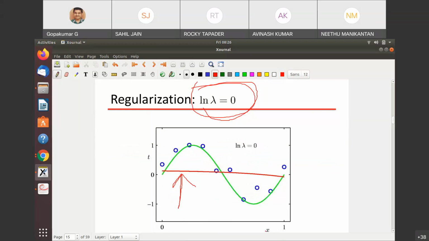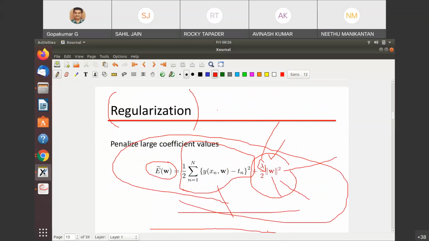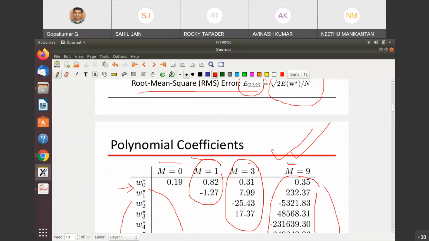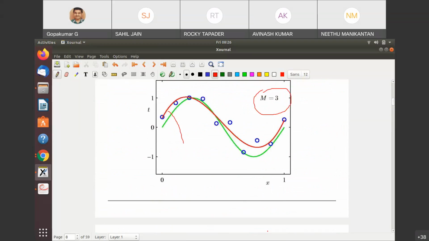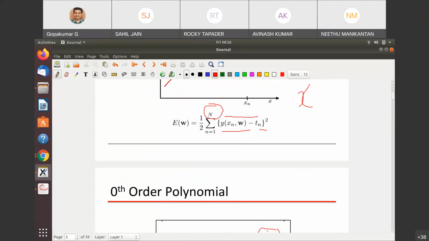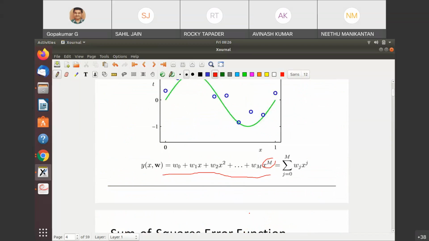One more point: in this particular polynomial that we have defined, there is a possibility of having multiple models. Whenever m takes different values, as we have seen for m equal to 0, m equal to 1, we have different models. One may be a parabolic, another a cubic, or a sixth order polynomial.